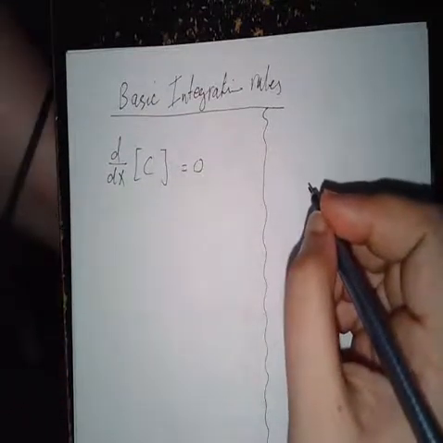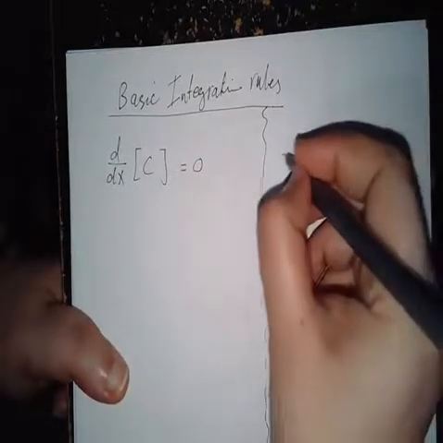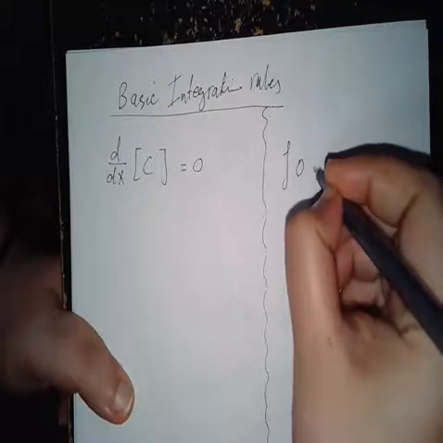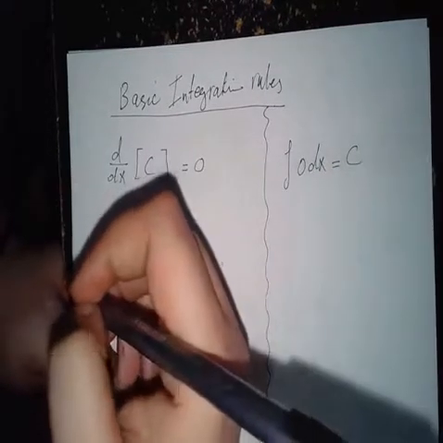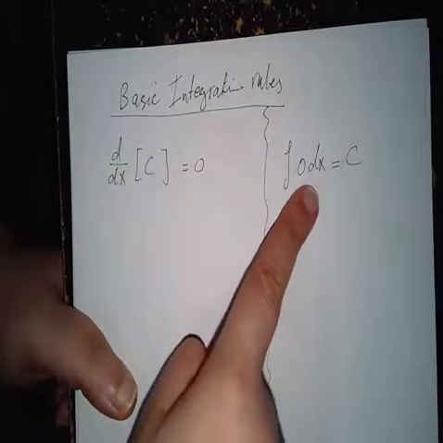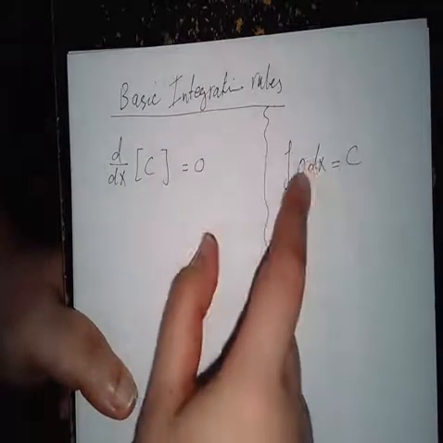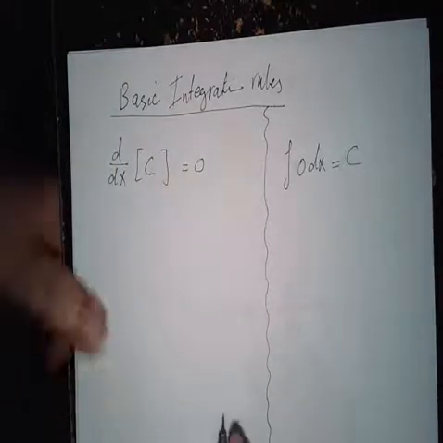Whenever you take a derivative of a number, the answer is always 0. Okay? As for integrals, if you integrate 0 dx, the answer is going to be c. Which makes sense, because over here you're supposed to be undoing whatever this did, right? So, if it was 0, you take the derivative, it goes back to being c, right?